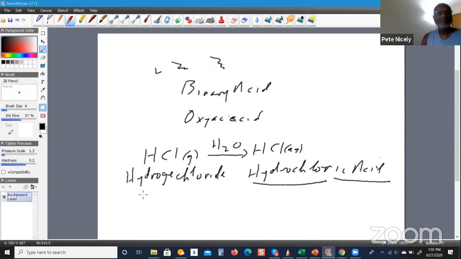Here's another example. Suppose you're given H2S. Sorry about this, folks. The name of this compound is hydrogen sulfide.